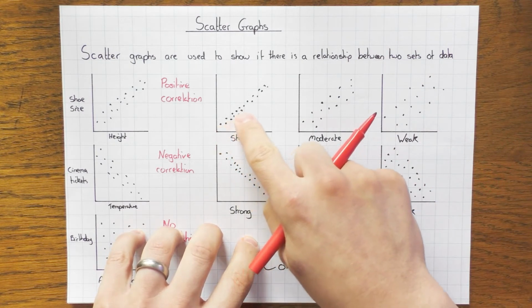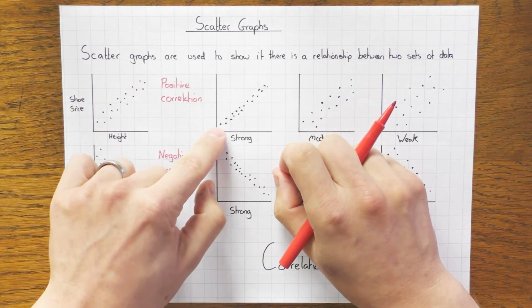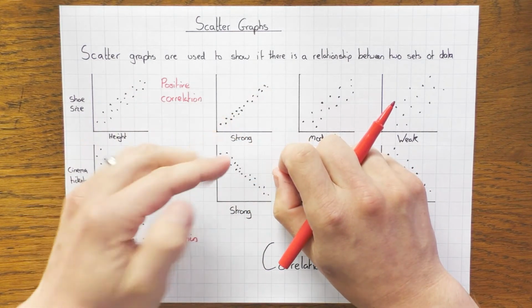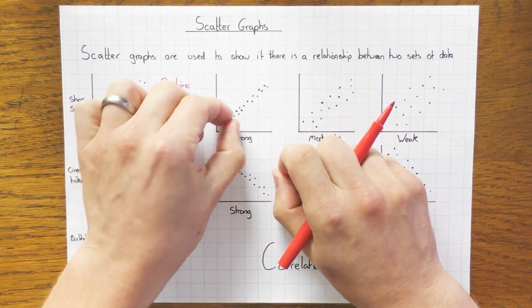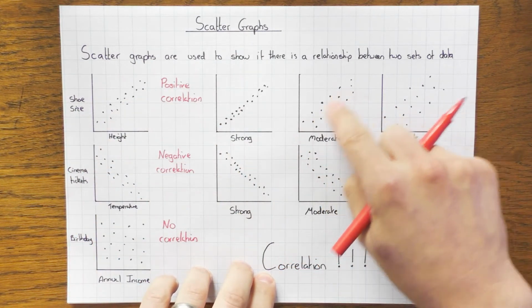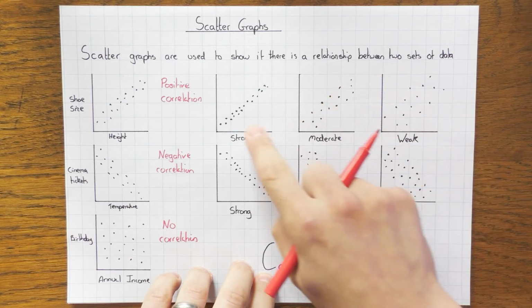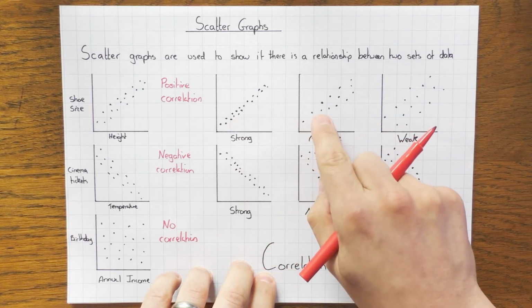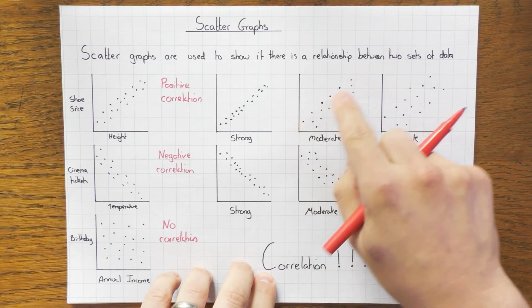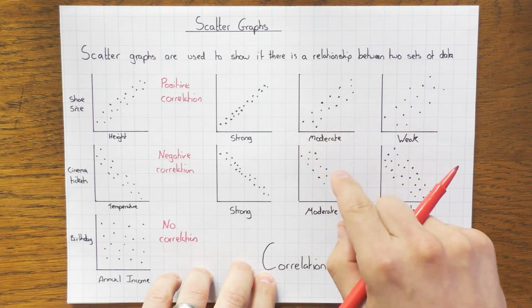But because these are much more closer together, we say this has a stronger relationship because it's really defined. All the points are really close together. It's a strong relationship. This one here is still positive. All three are positive. This one's still positive, but it's not as strong as this one. The points are slightly more distance apart, but it definitely is still positive. So we say it's got a moderate positive correlation.